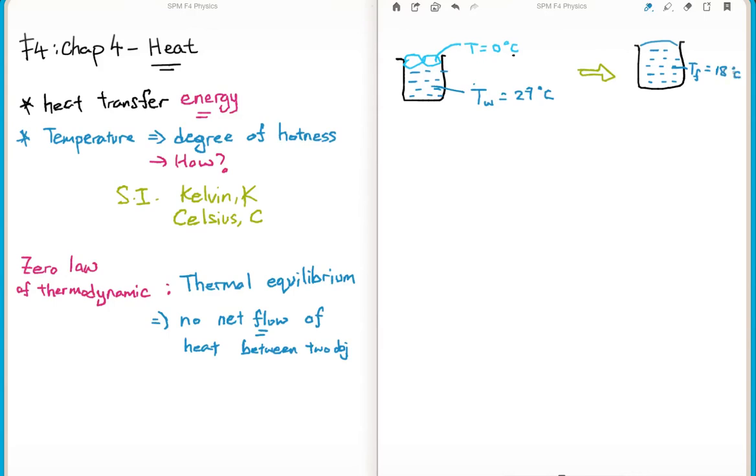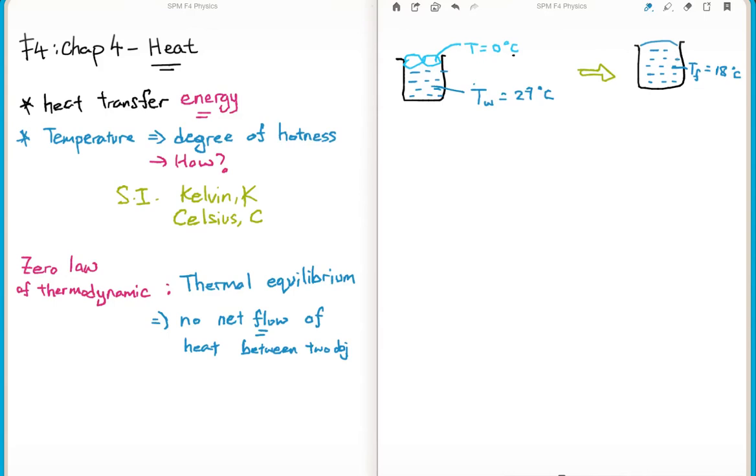So what happened here is all the energy in the water has been reduced as a result of the ice absorbing their initial energy, and turning the ice into water, and therefore the overall energy in the water has decreased drastically.